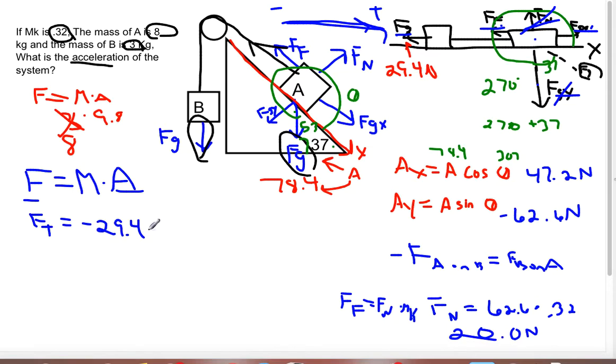Friction is also going to be negative, so we'll have negative 20 newtons. And lastly, we're going to have our F of g of x, and that is our force pulling us this way, and that is our 47.2 newtons.